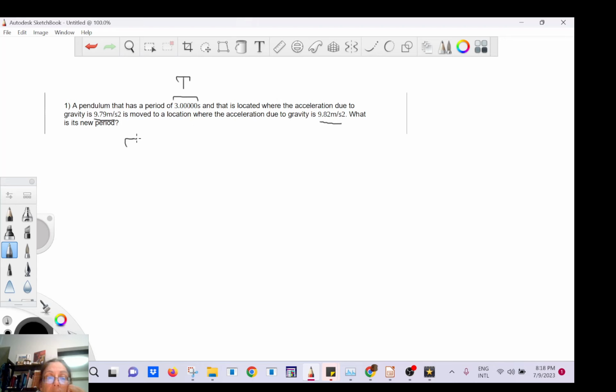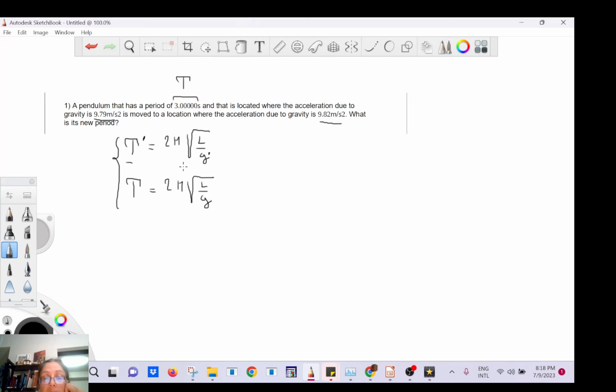The period equals 2 pi times the square root of the length over g, and the length is the same. This will be your new period with the new gravity, and this is the old period, 2 pi, the length is the same, g.